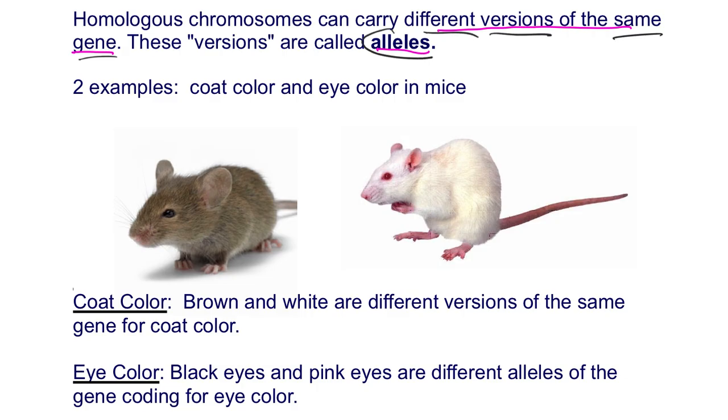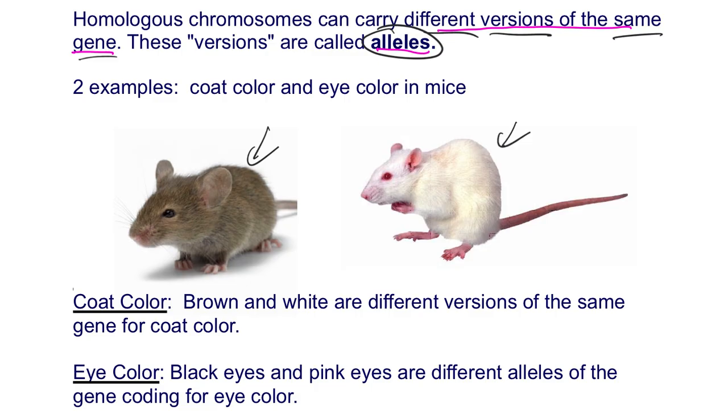Okay, we're going to put a label, a name, on different versions of the same gene. And we're going to call that alleles. Alleles. For example, in these mice, this mouse on the left has the gene for fur color, and the mouse on the right has a gene for fur color. It's on the same chromosome.